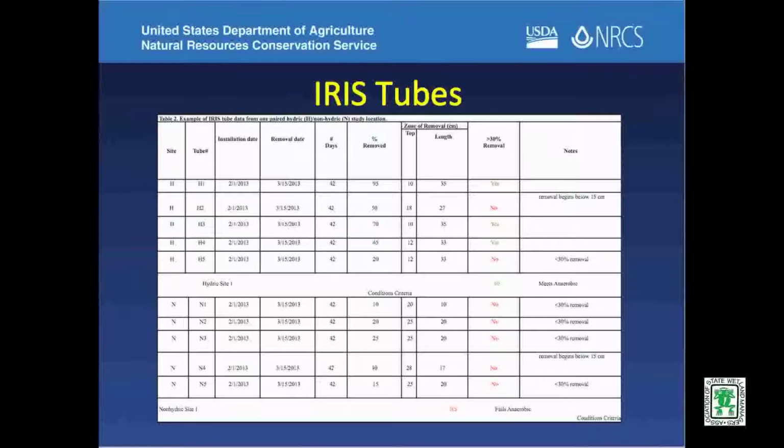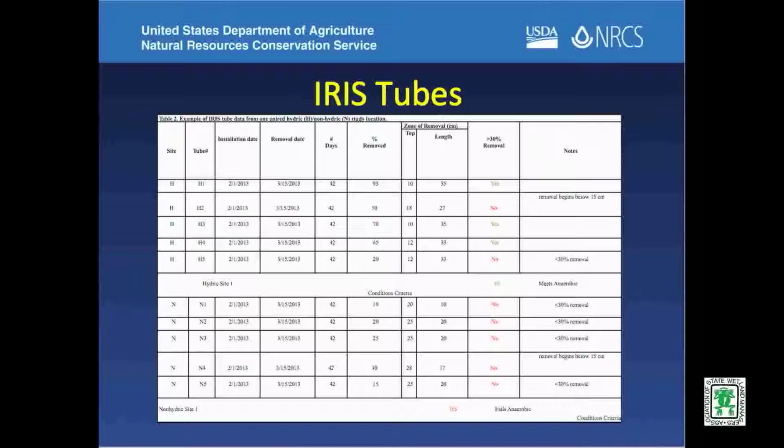And then this table here is just showing how you can present the data. In this case, once again, on the top it's the hydric site, on the bottom it's the non-hydric site. You have 5 tubes, so there are 5 rows. This tells you the installation date, the removal date, the number of days iris tubes were in, the percent removal of the paint, and where that removal occurred on the iris tube length.